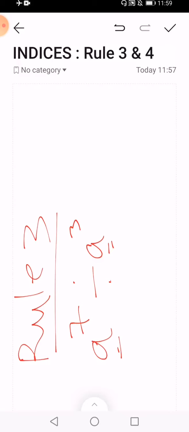So I have a to the power 7 divided by a to the power 3. So this one is a to the power 7 over a to the power 3.